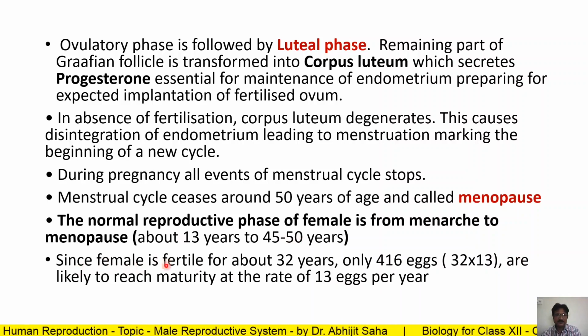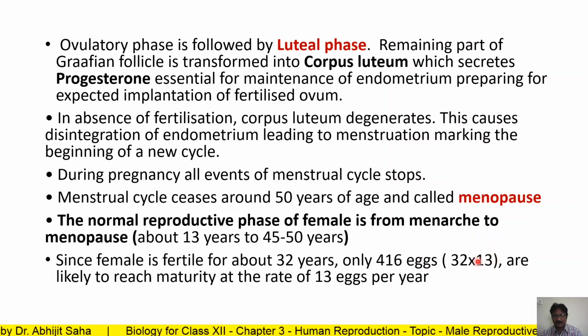Since the human female is fertile for about 32 years, and it may be more also, considering 32 years to be the fertile period, then 32 years into 13 cycles per year, considering 28 days as a normal cycle.